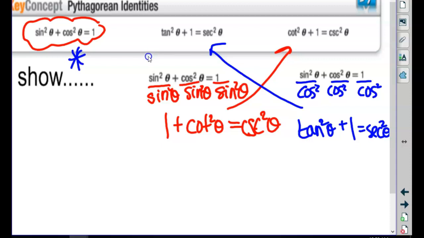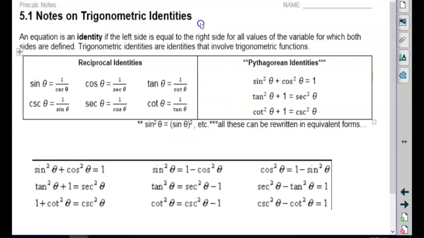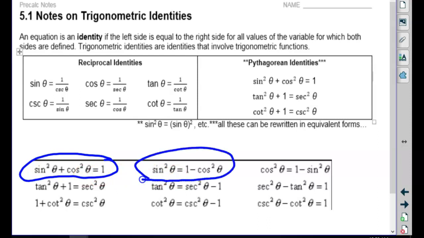The problem is we did not put any of the other versions of them, okay? For example, you can take this one and subtract the cosine squared from both sides and you will have this one. Does that make sense, everybody? Or you could subtract a sine squared from both sides and have this one.